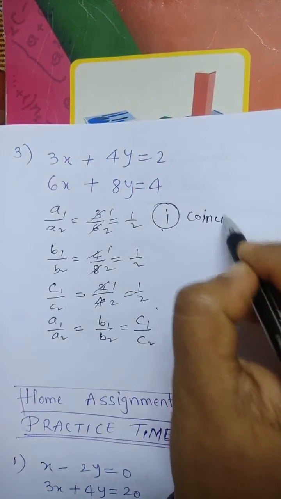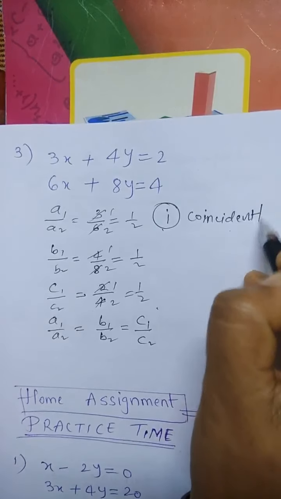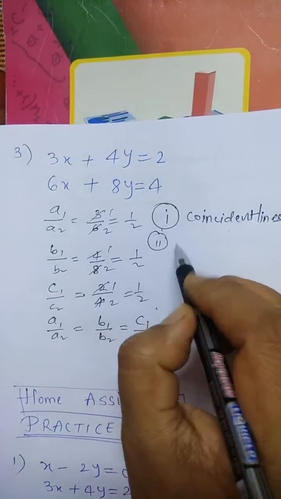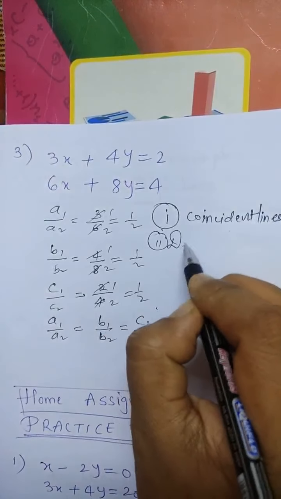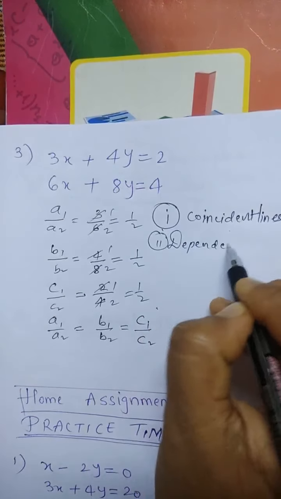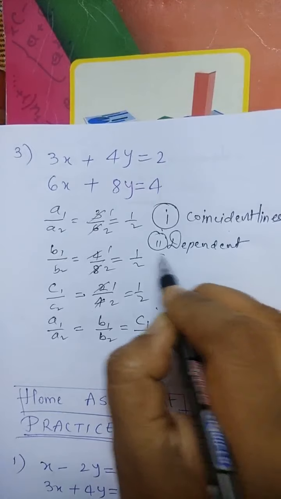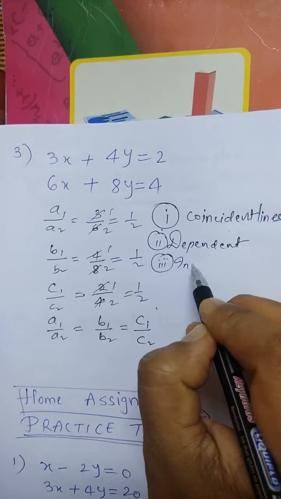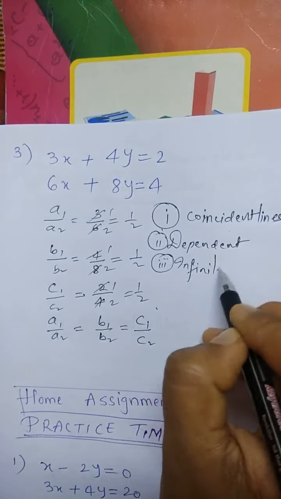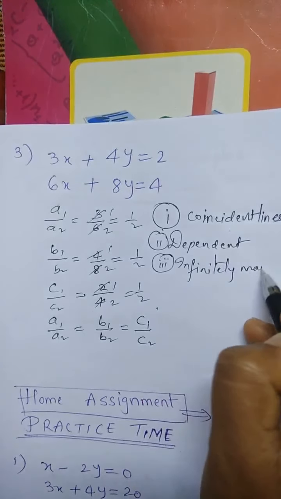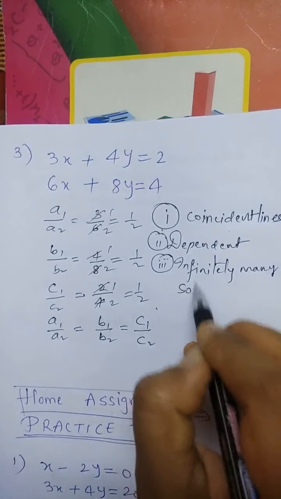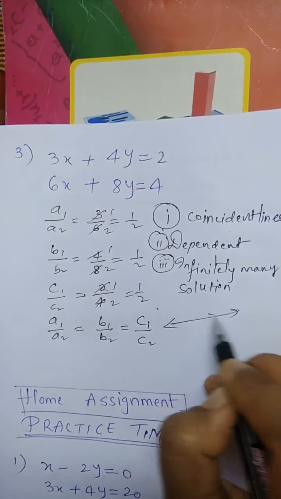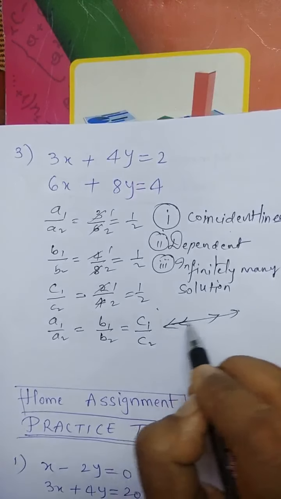Coincident lines, or there can be dependent. How many solutions do dependent lines have? Infinitely many solutions.